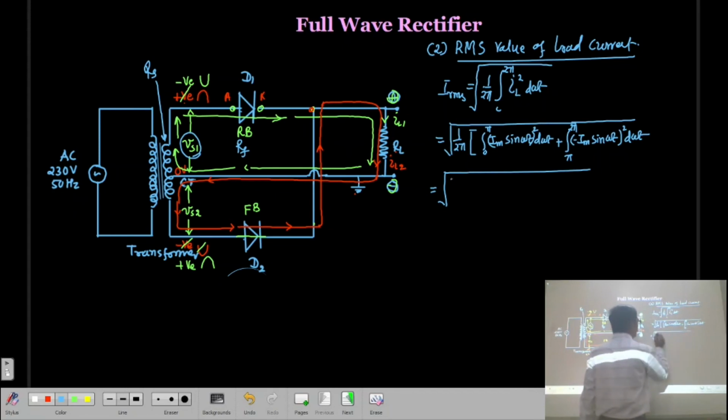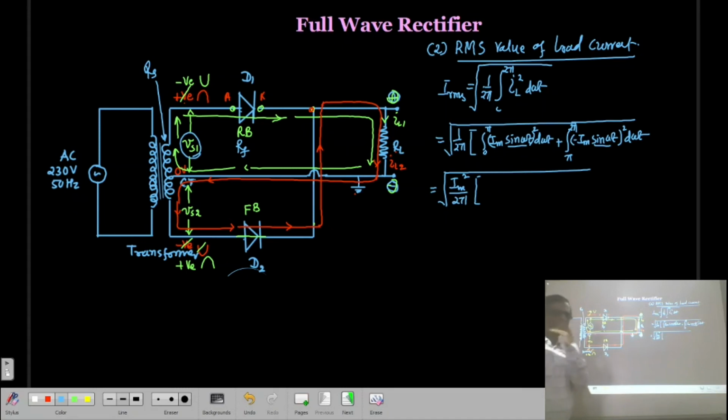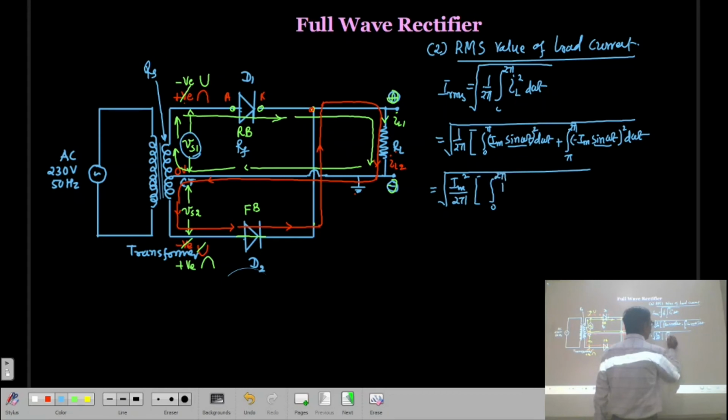If you take this Im square, it will be common, Im square by 2 pi, and then we have this integration of sin square omega t. Here also the integration will be of sin square omega t. Correct? So I will take a single integration, that is from 0 to 2 pi of sin square omega t d omega t.